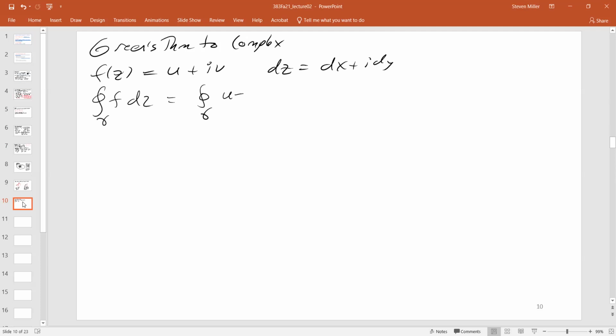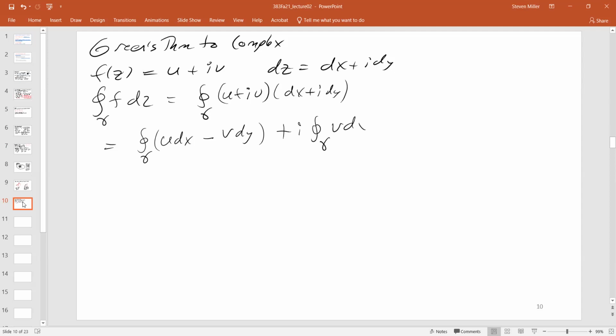That would be u plus iv times dx plus i dy. All right, so that would be the integral. Let's just do the real part. So it'll be u dx minus v dy plus i, and now the imaginary part would be v dx plus u dy.